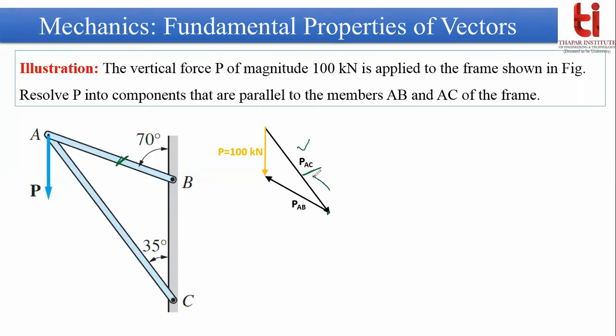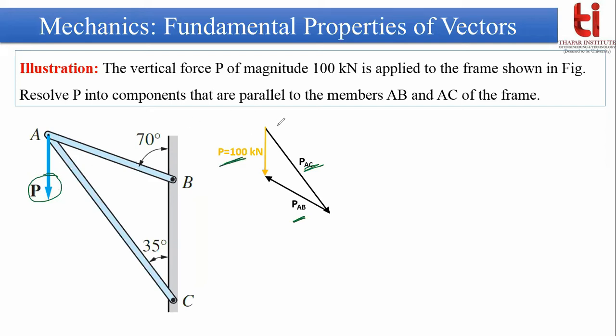So how is the order followed? If you are drawing one vector in this way, then another vector should start from its tip and be drawn like this. So suppose this is your PAC and this is your PAB. Then it is given in the problem that this P is representing the resultant force.